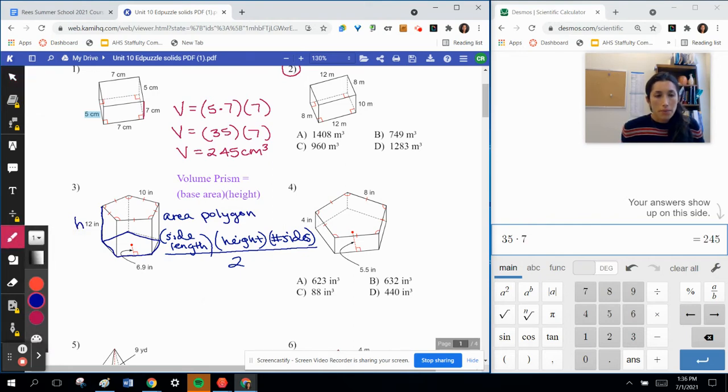So our area of the pentagon, or we'll call it base area, is equal to, well, the side length of the pentagon is 10. The height of the pentagon, this length here, we also call it the apothem, that's 6.9. And there are 5 sides, so times 5, all divided by 2.